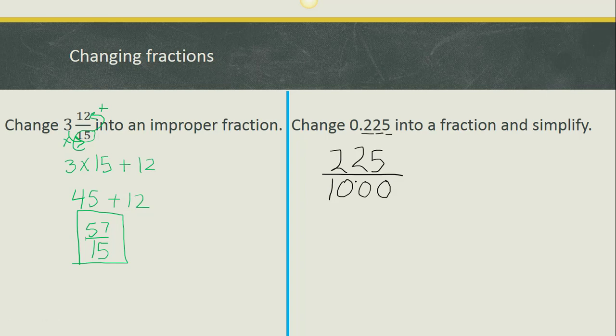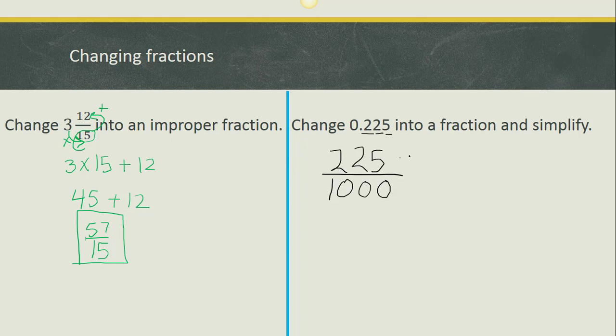Now how do we simplify that fraction? Well, there are a couple different ways to think about it. I noticed that both of these numbers have a 5 or a 0 at the end. And if that's the case, you can always divide by 5 in both cases. I know how to count by 25s, so I can divide both of these by 25.